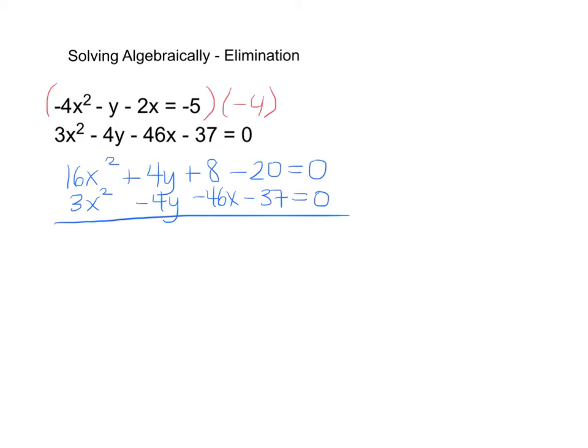And then I can add those together. I get 20x squared. No, not 20. How many x squareds? 19x squared. We eliminated the y's. Those are gone. That should have an x with it. So I have 8x minus 46x, which is negative 38x. And then negative 20 and negative 37, so negative 57.